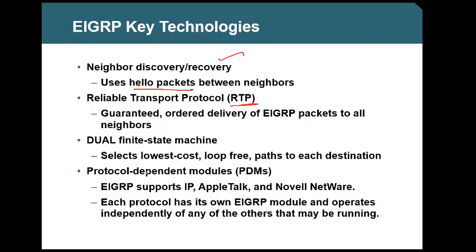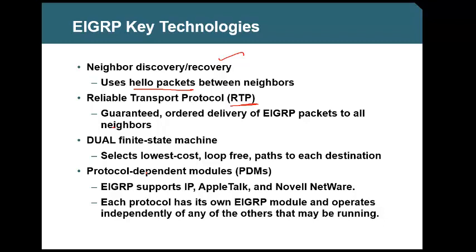Likewise, between EIGRP routers, the connection is established with a protocol called RTP, Reliable Transport Protocol. So with this RTP only, we get guaranteed ordered delivery of all EIGRP packets to the neighbor.